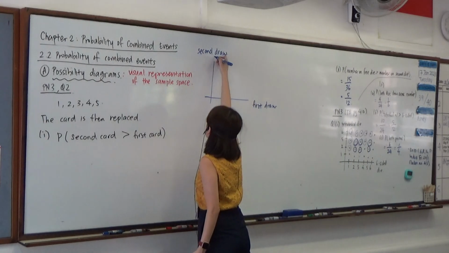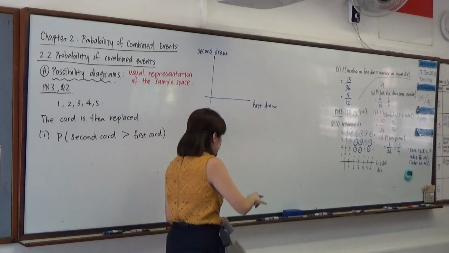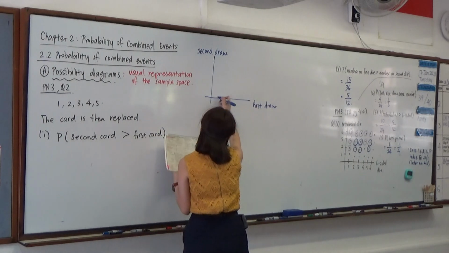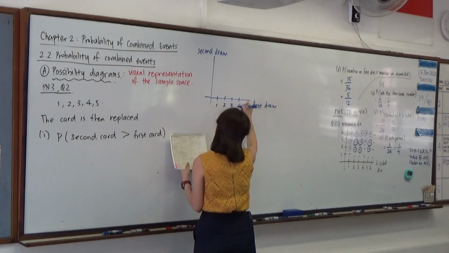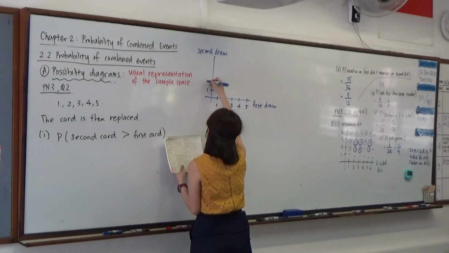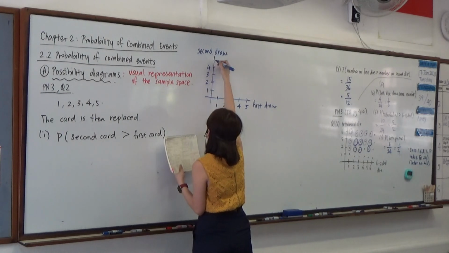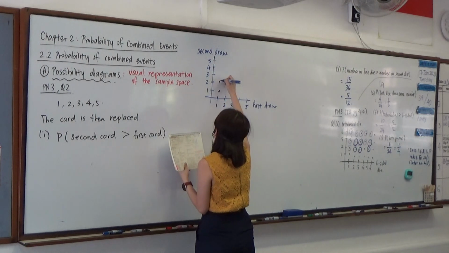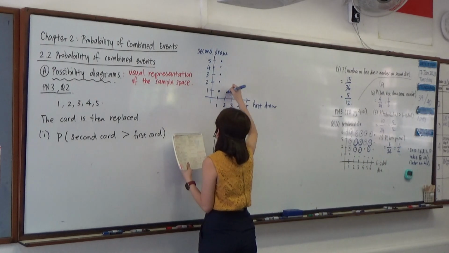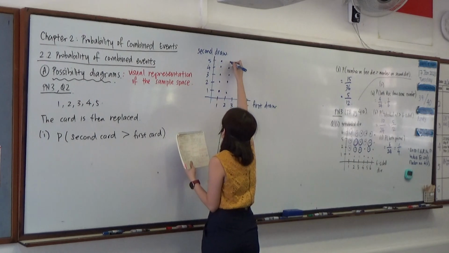Then again, no need for the arrow sign yet. Okay, we have 5 cards all the time. So your possible outcomes will be a total of 25 dots.